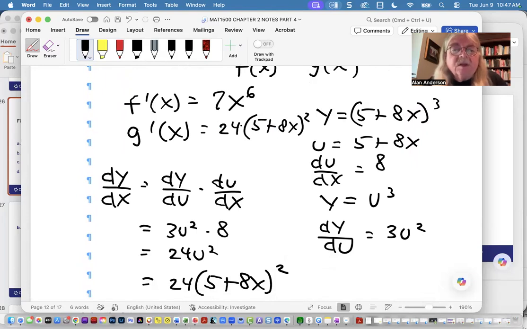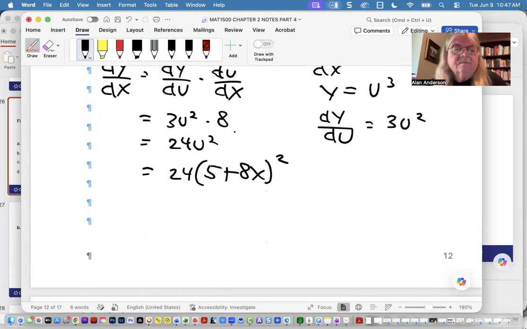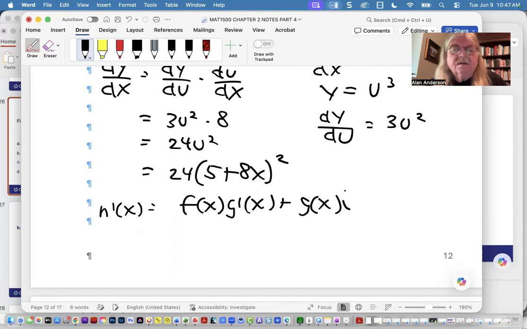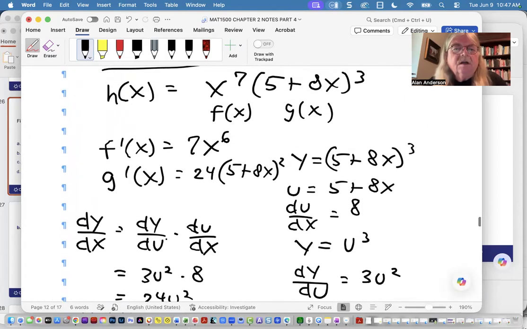But now we can just plug everything into the definition of the product rule. Wow, this one is going to be a mess. So f of x is x to the 7th.